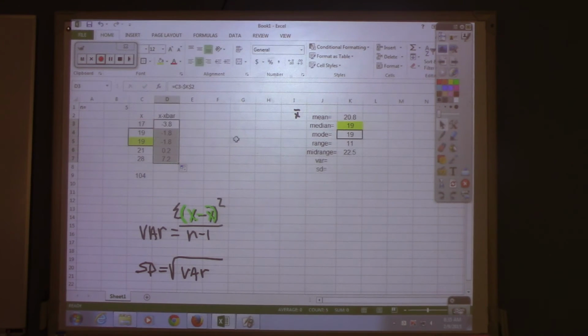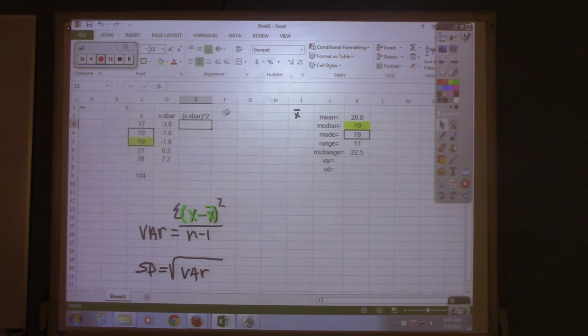Parentheses, x minus x bar, close parentheses, quantity squared. So that means we're going to take this one, and what are we going to do?